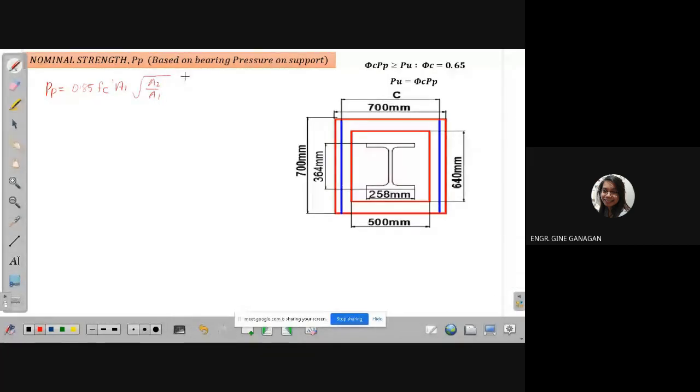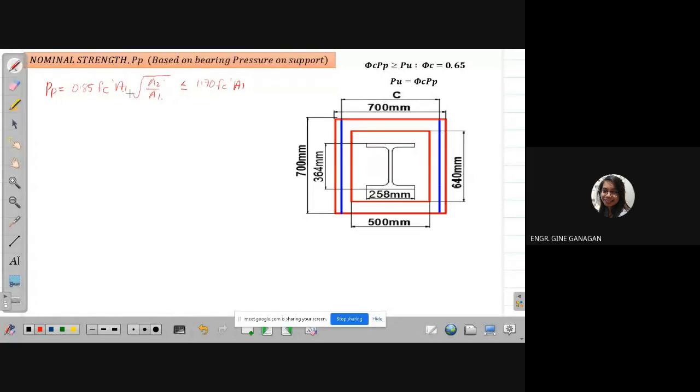And this should be less than or equal to our 1.70 FC prime A1. Okay? So, meron na tayong FC prime. Kunin natin yung values ng ating area 1 and area 2.